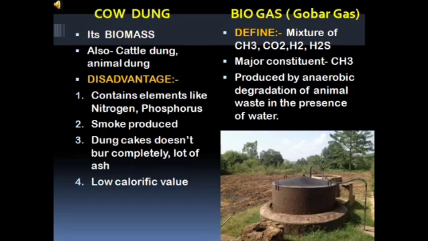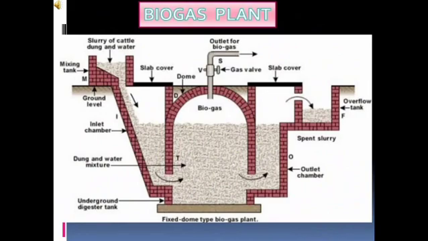Now further we move to how biogas is used. Now let's talk about the biogas plant. Just see from the figure, we'll start the construction from the left side. First of all, we see a tank M there. It's a mixing tank. It will mix the slurry and the water.